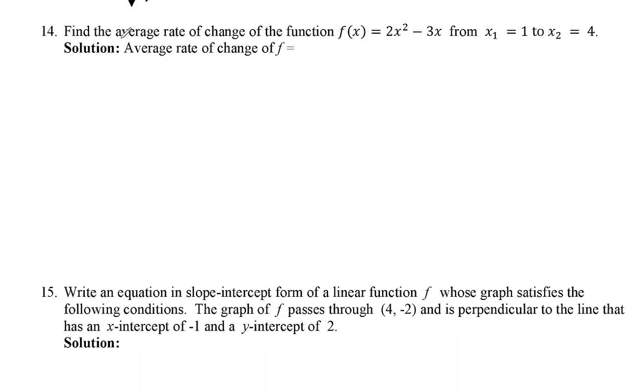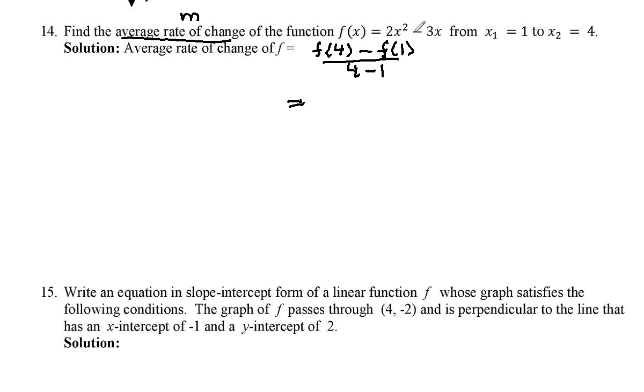14, we want an average rate of change, which is a slope, for our function 2x squared minus 3x from x1 is 1 to x2 is 4. So your average rate of change here is going to be the function value at 4 minus the function value at 1, and you'll divide by 4 minus 1.